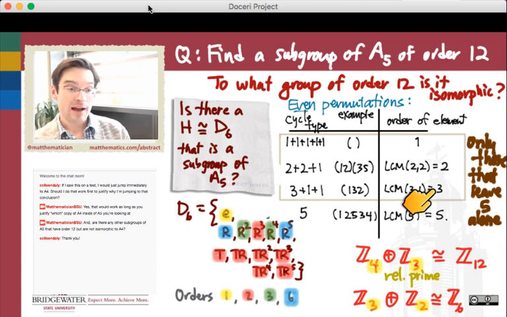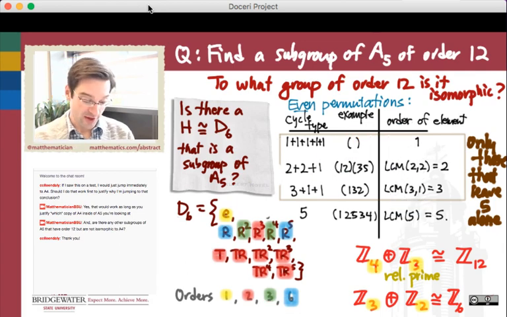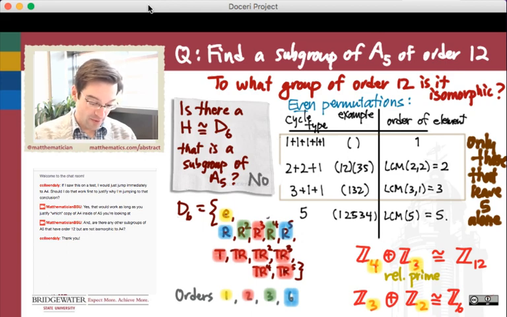But I'm certainly not going to be able to get the requisite number of elements of order 6, because A5 has no elements of order 6. So we have to give this one a big no also, because D6 has elements of order 6, but there are no elements of order 6 in A5 at all.